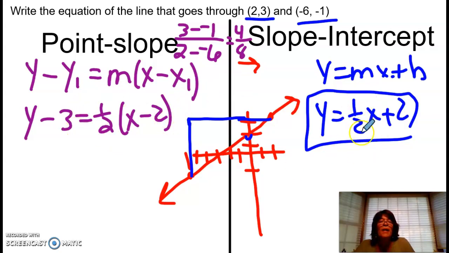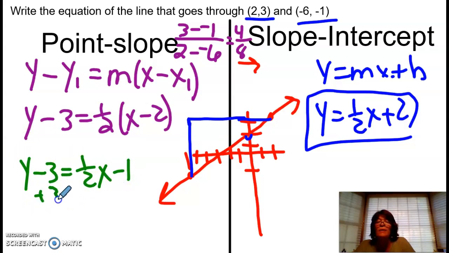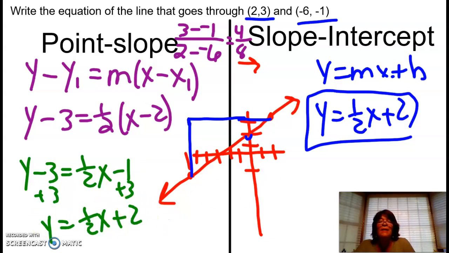Here I say the slope's a half, and it goes through the point (0, 2). Okay, I know the y-intercept from there. Two different forms. Notice what happens if I decide to go further with this and distribute the half through and add 3 to the other side. I get y equals a half x plus 2. I mean, it's the same line. All right, it's just a different form.